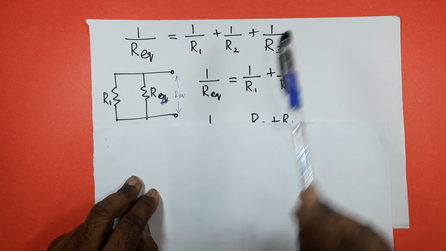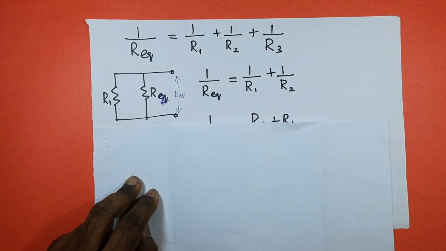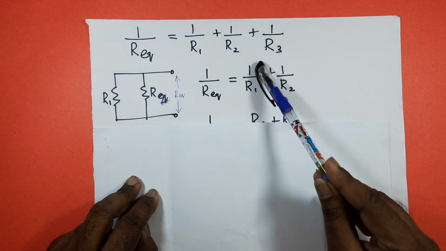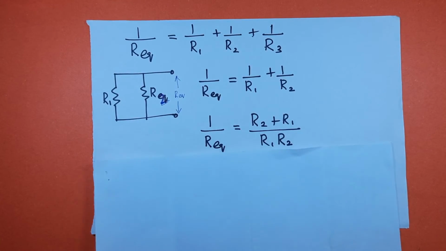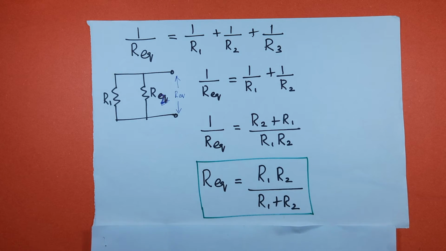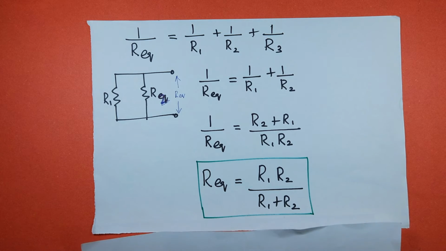Now according to this formula, 1 by R equivalent equal to 1 by R1 plus 1 by R2. Simplifying, 1 by R equivalent equal to R2 plus R1 divided by R1 R2. Take the reciprocal, then only you will get the equivalent resistance.